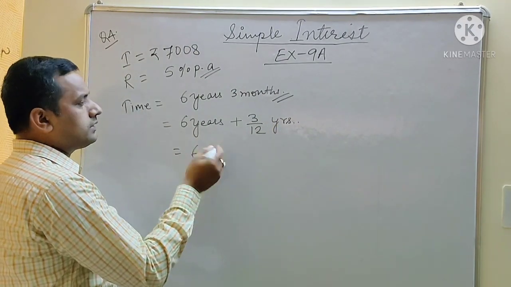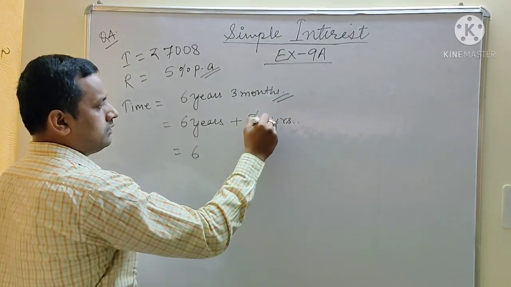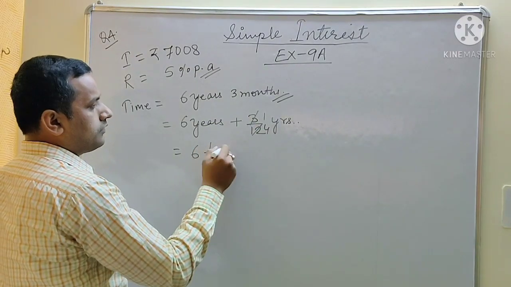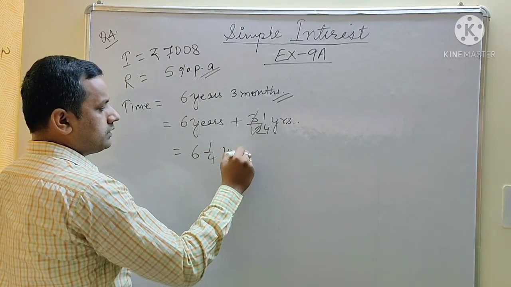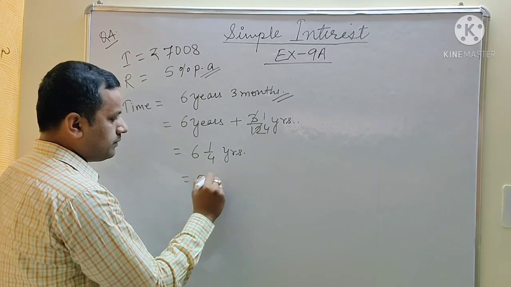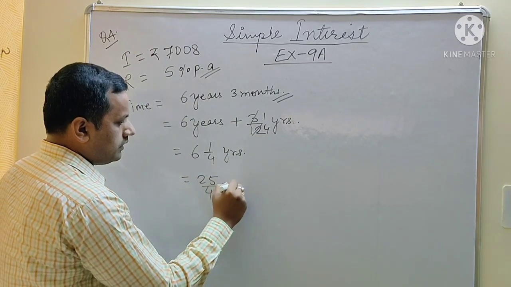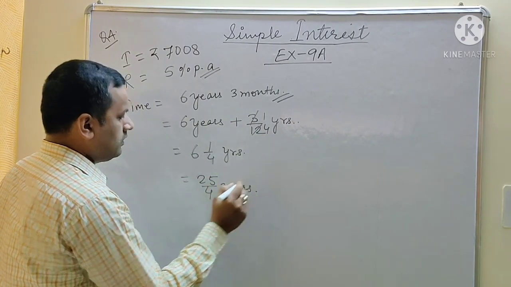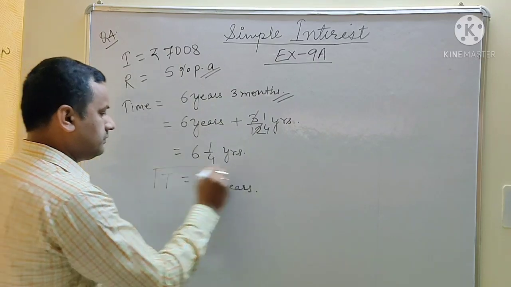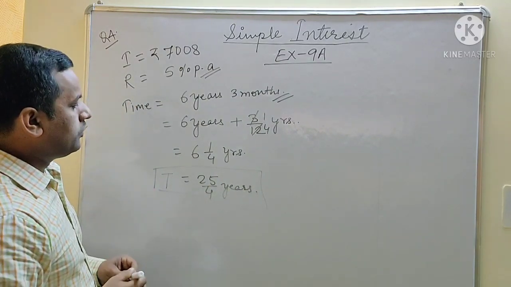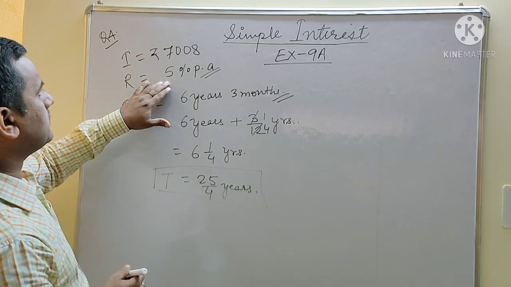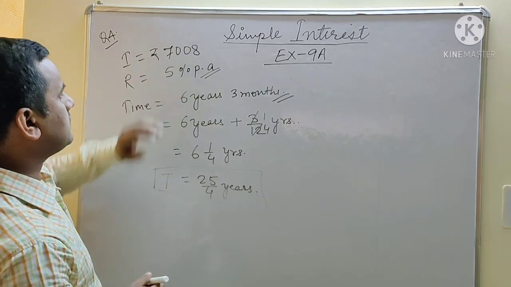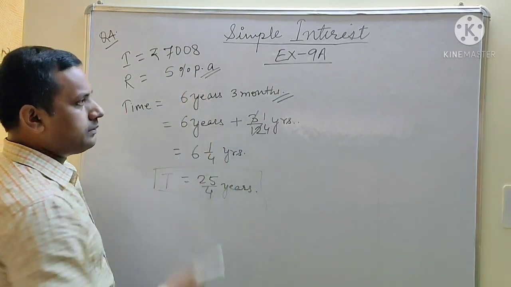Now cancelling it, we can write it as 6 whole 1 by 4 years, that is 25 by 4 years. Time 25 by 4 years, rate 5% per annum, and rupees 7,008. All are in the same unit.